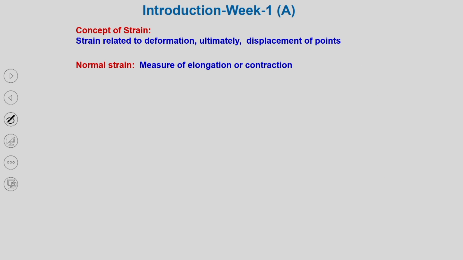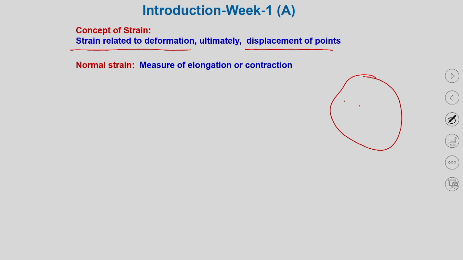Now, the concept of the strain. Basically strain is related to the deformations. Ultimately, in terms of measuring, it is the displacement of the points. Let us say in a body there are material points.